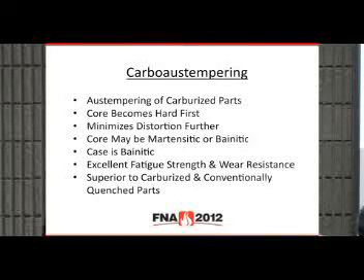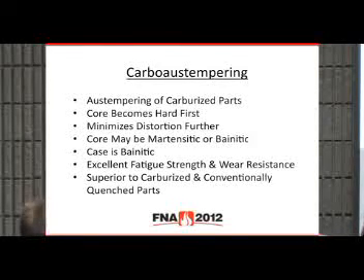One variation of Austempering is Carboaustempering. As the name suggests, it's carried out after the components are carburized. Here, the core becomes hard first, and then the case becomes hard. So this helps in minimizing distortion, because expansion starts at the core and then it progresses towards the surface.